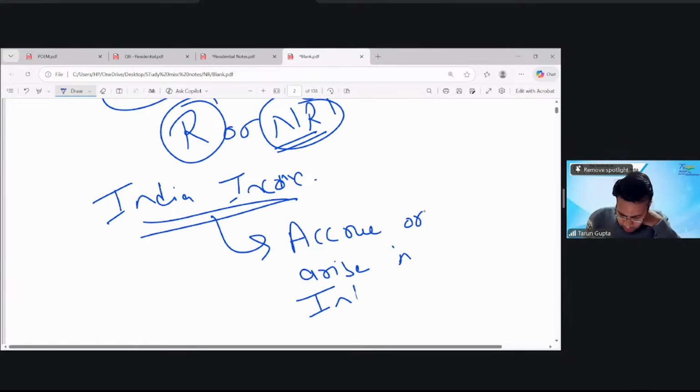You have heard this phrase a lot of times. Accrue or arise. You are studying this for IPCC. Can you tell me the meaning of this phrase? When we say that income is accruing or arising in India, what factor determines where the income accrues or arises?